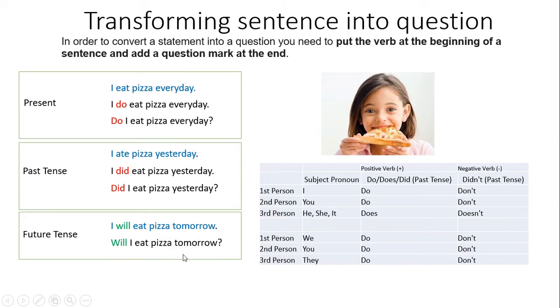So to transform this into a question, you just have to exchange the words. Will I eat pizza tomorrow? So you will notice that for future tense, you don't use do or does as a verb to ask the question because you are always required to use the word will in a sentence if the sentence is in future tense.